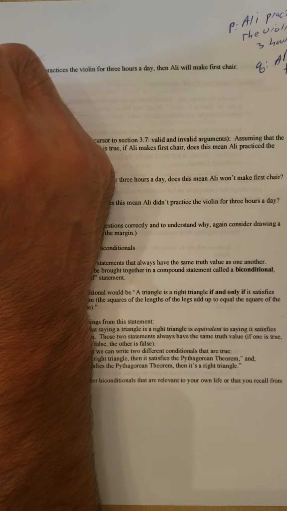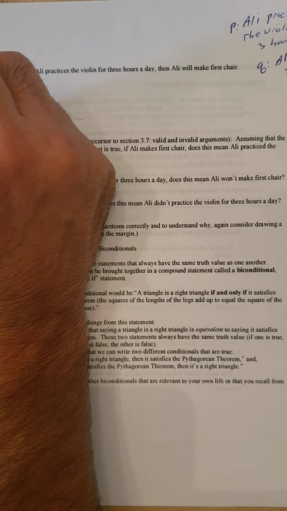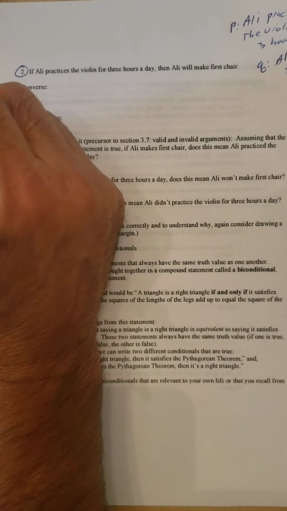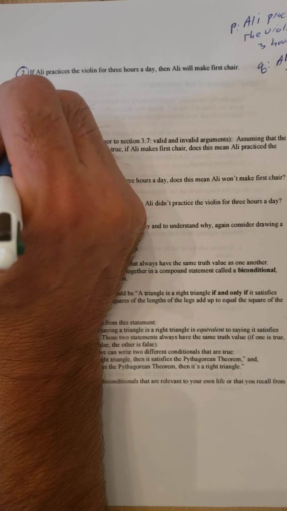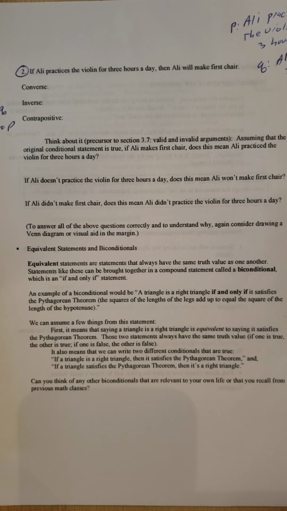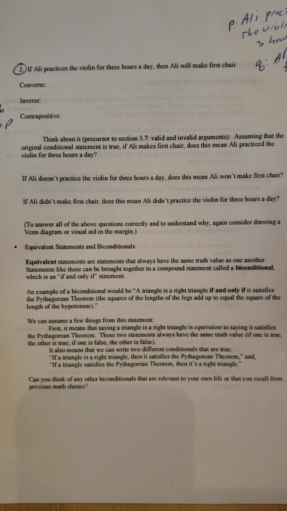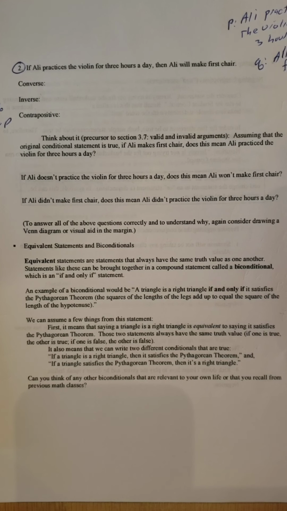And again, the converse is Q implies P. The inverse is not P implies not Q. And the contrapositive is not Q implies not P. Okay? So eventually we're going to be getting to some arguments, okay?